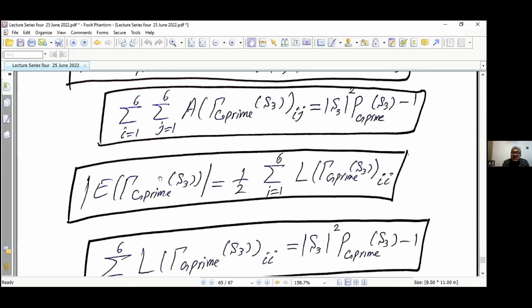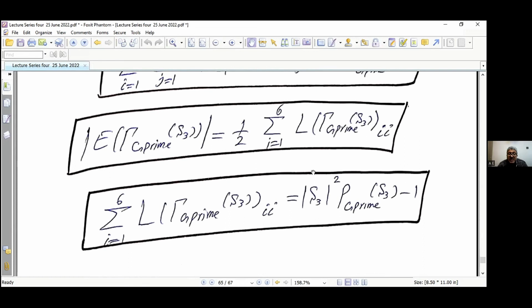So the number of edges in the co-prime graph of S3 is half of the sum of all entries on the diagonal in the Laplacian matrix, because the sum of degrees of all vertices is 2 times the number of edges.